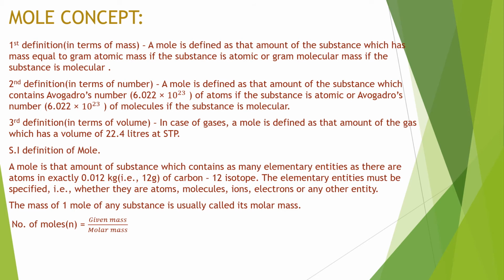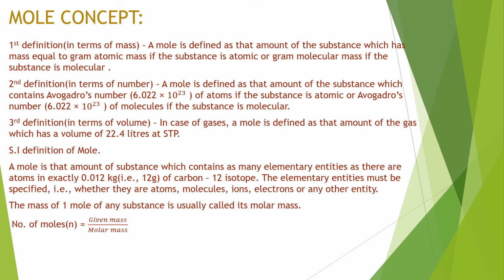So thus we can define mole in terms of mass, in terms of number, in terms of volume. These are a few definitions of mole in terms of mass, number and volume. And the standard definition is the SI definition of mole.